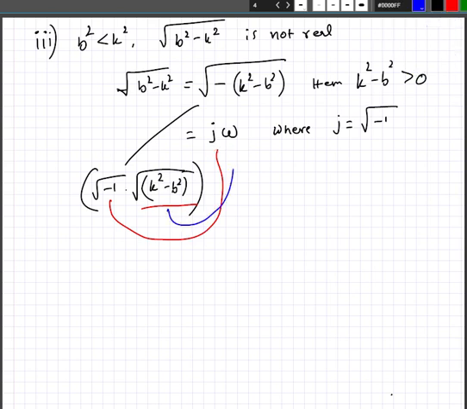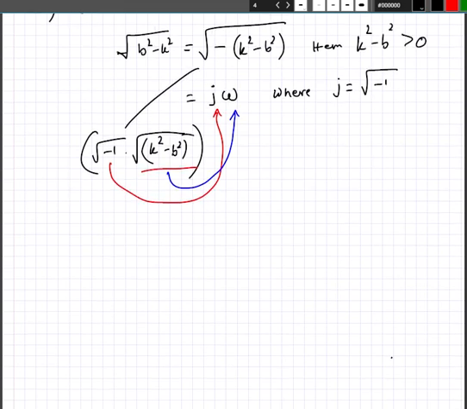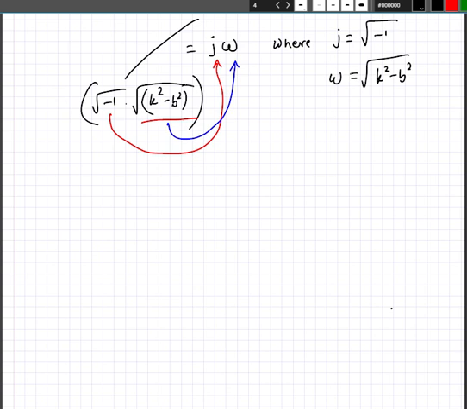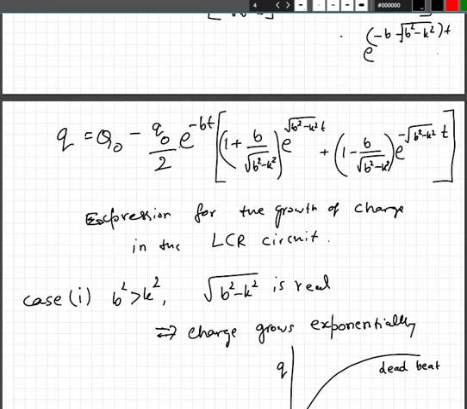Maybe I can use a different pen to avoid confusion. So that is j and that is omega. j is equal to square root of minus 1 and omega is equal to square root of K square minus B square, which is a real number. So therefore we have this, and then we just do the substitution in the equations. The equation we got, we call that equation 6.